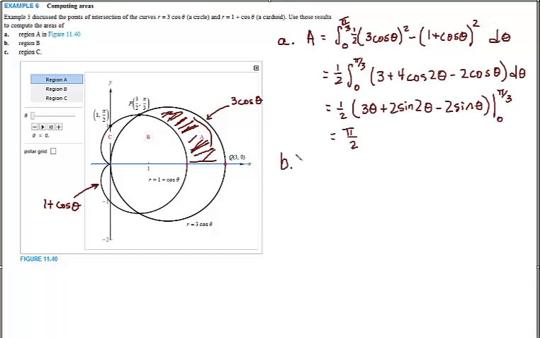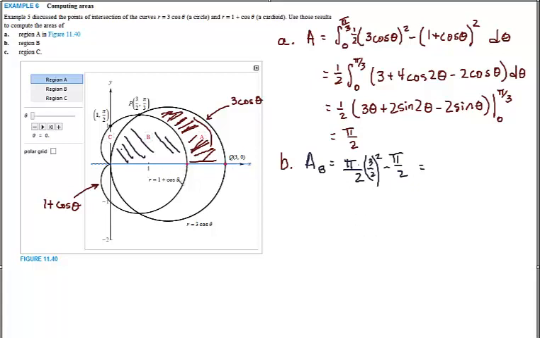Alright, for our B section, we're looking at this part right here, and we could just say that it is this semicircle of radius 3, so the area of B is going to be pi r squared, so 3 squared, divided by 2, because it's just a semicircle, minus this pi over 2, because I'm subtracting out that area of A. Oops, said that too quickly, that's actually a circle of radius 1.5.